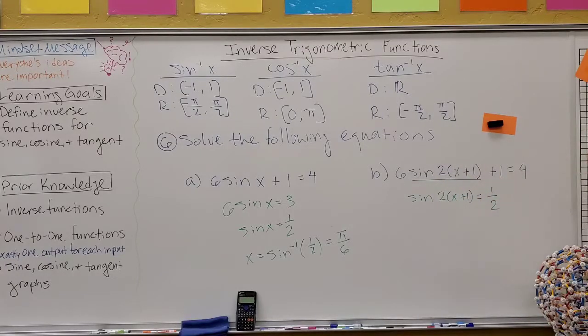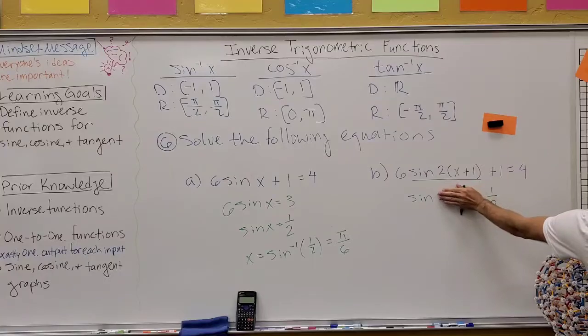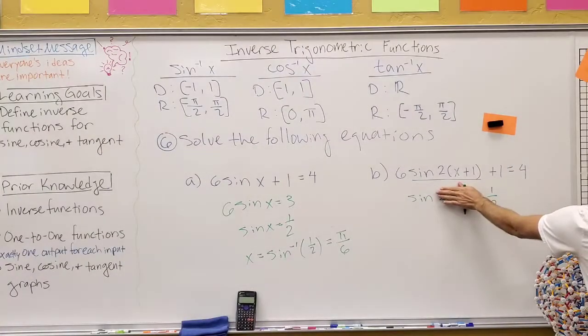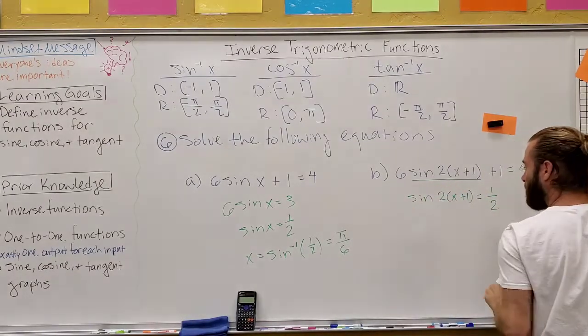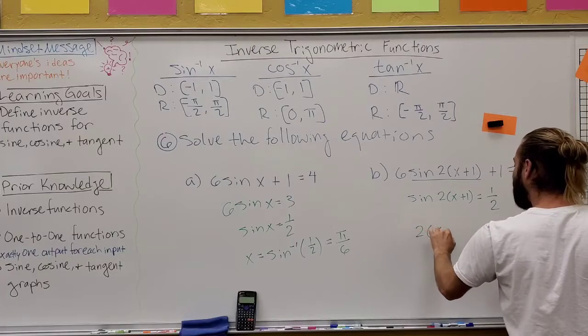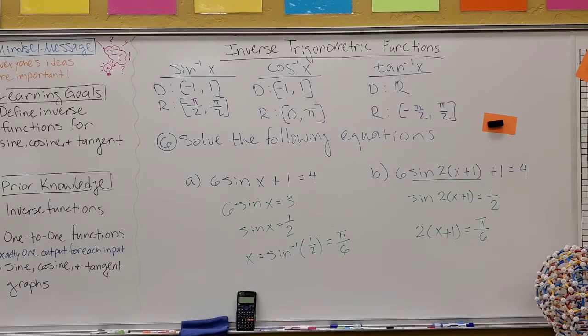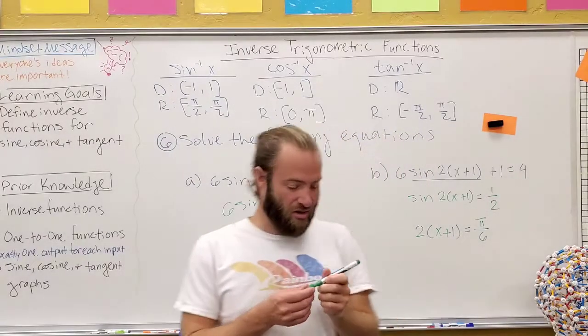That equals 1/2, which again means this business must equal pi over 6. So ignore the fact that it's not just x in there. It still means whatever's in there itself equals pi over 6. So I have 2 times (x plus 1) equals pi over 6. Now we just have a little bit more to do to solve for x, that's all.